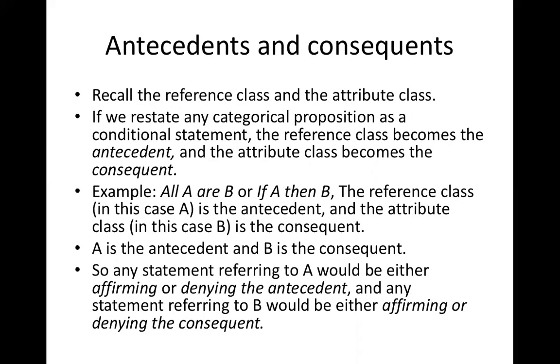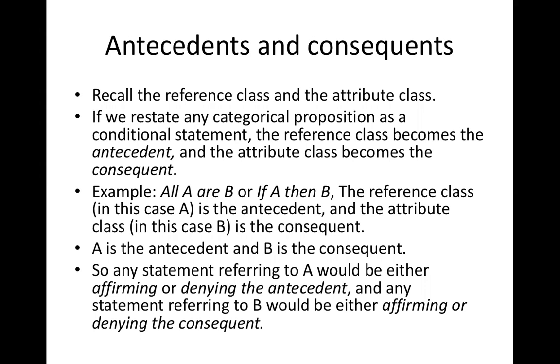Okay, so all A are B, or if A then B, the reference class is the antecedent and the attribute class is the consequent. So A is the antecedent and B is the consequent. So any statement referring to A will be either affirming or denying the antecedent. So this is what you need to take seriously. Any statement referring to A will be either affirming or denying the antecedent.